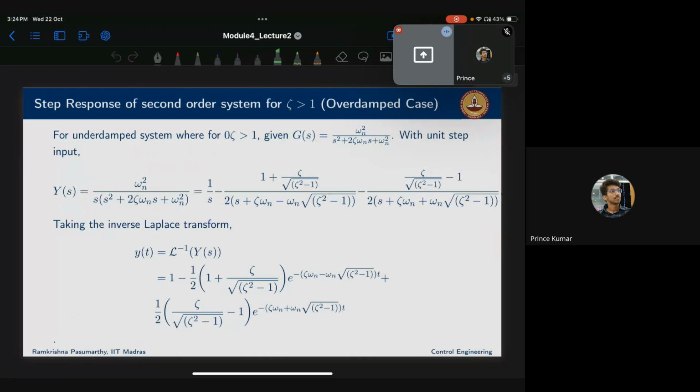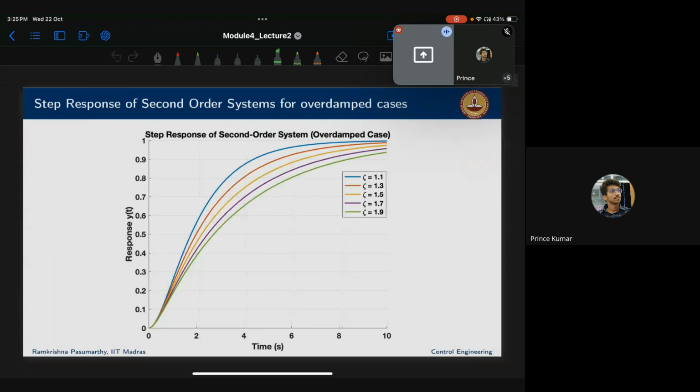Okay, next, the over damped case. So the damping is very high, so taking zeta greater than 1, any value, and again you are taking the step input. So this expression will give you y of t. Again, if you plot it, the response is over damped, so it reaches 1 very fast.